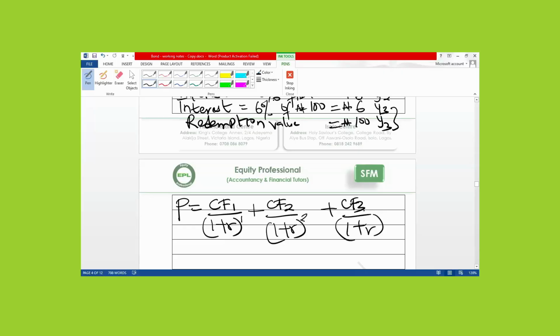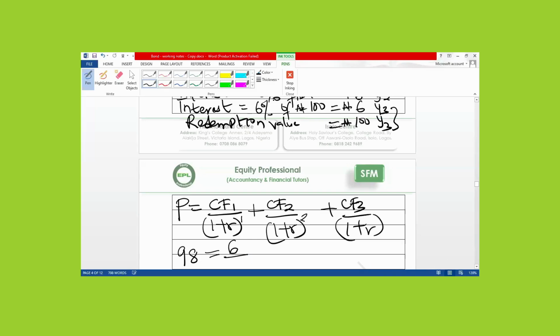For bond C, the price is 98 naira. The cash flow in year 1 is 6 naira. The spot rate for year 1, whether bond A, bond C, or bond B, is 4.76%.